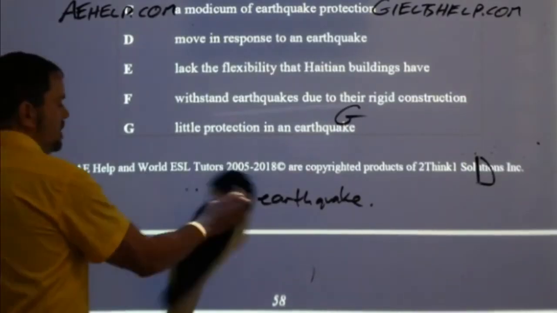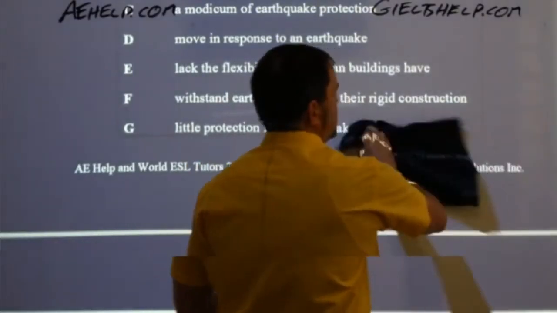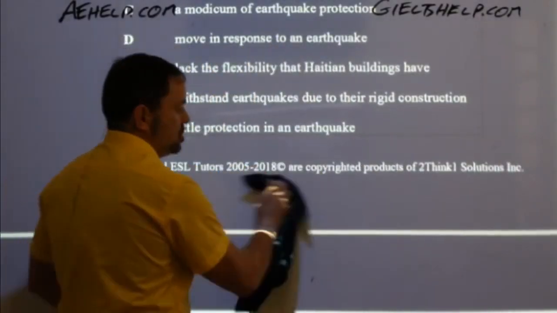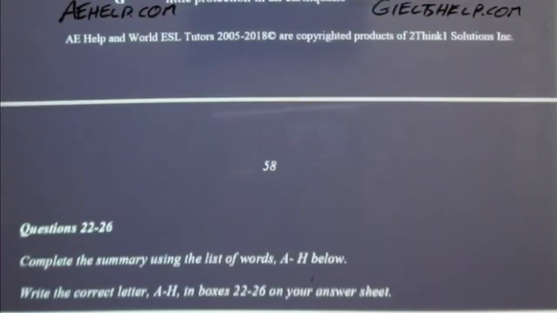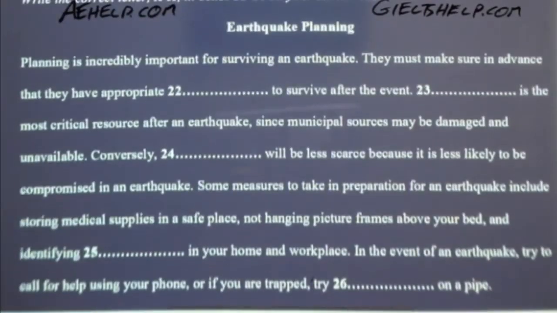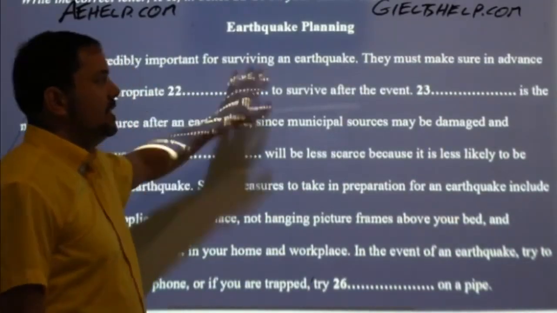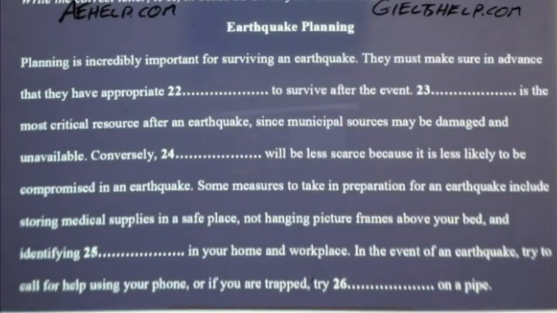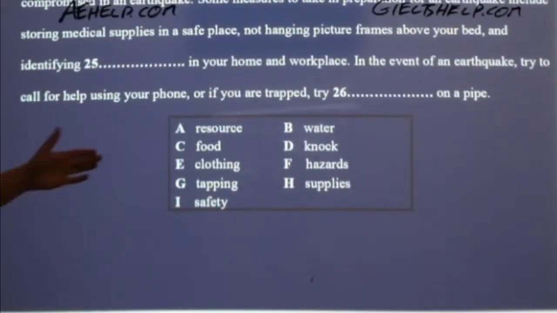Okay. All right, so I have just one set of questions left. It's my summary completion, where I have to put in the correct letters for the word. So here is earthquake planning, which is the third body paragraph. I have my questions here, and then I have my choices here.